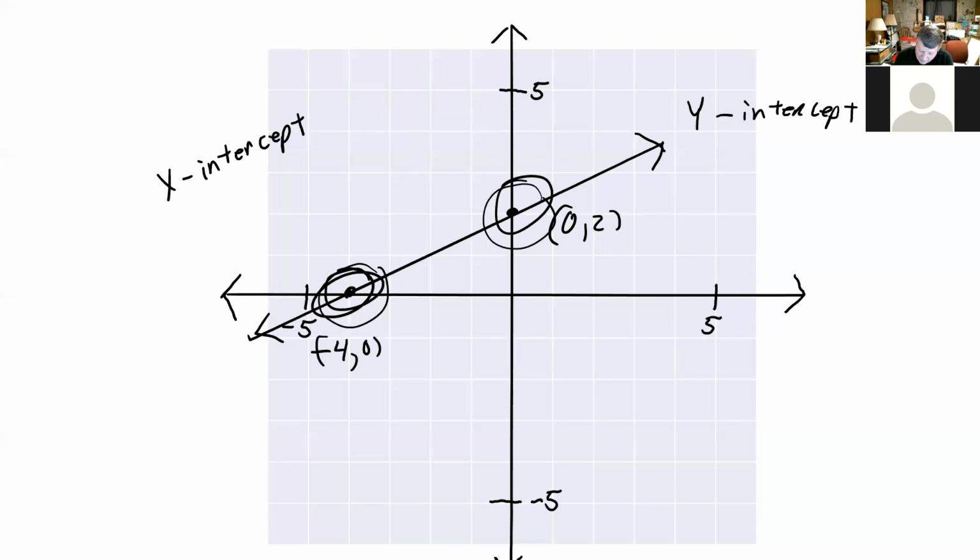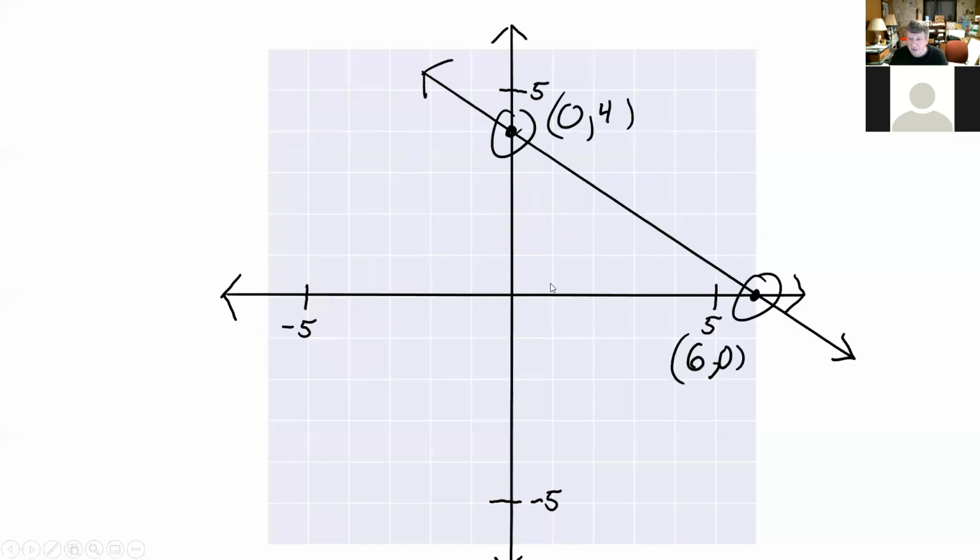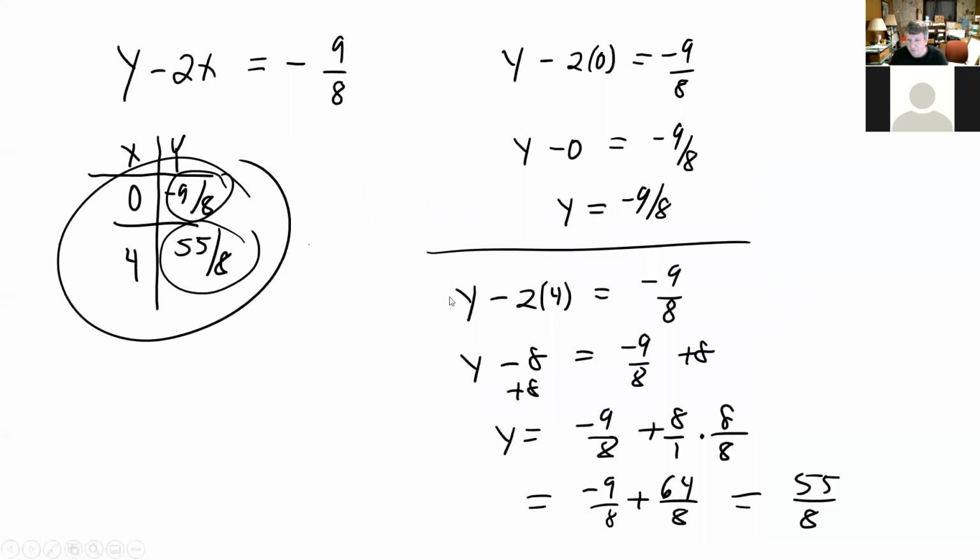Notice where the graph cuts through the x-axis, y is 0. When the graph cuts through the y-axis, that is the y-intercept, the x value is 0. So we could generalize and we could make the following statement.